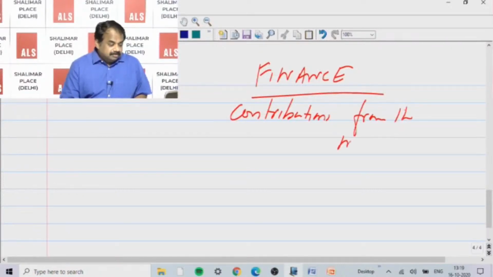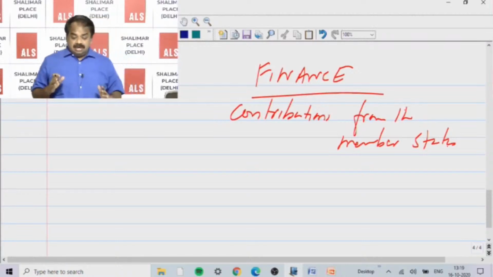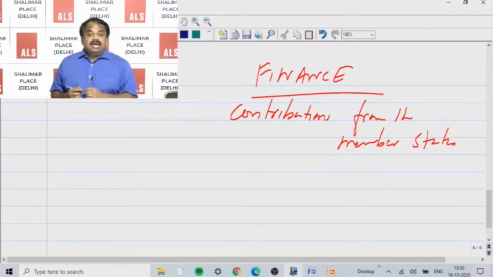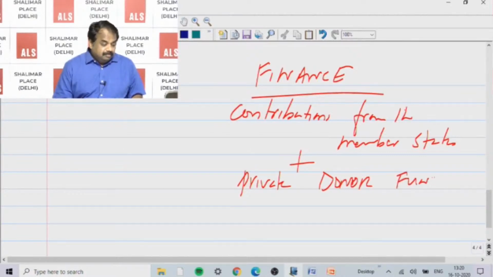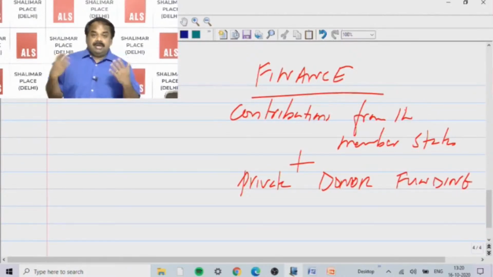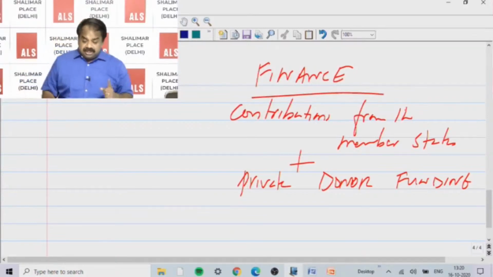As far as finance is concerned, there are contributions from the member states, and then even private donor funding. So, member states plus private donor funding, both are there.